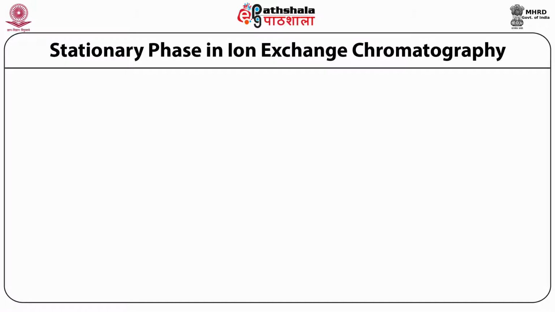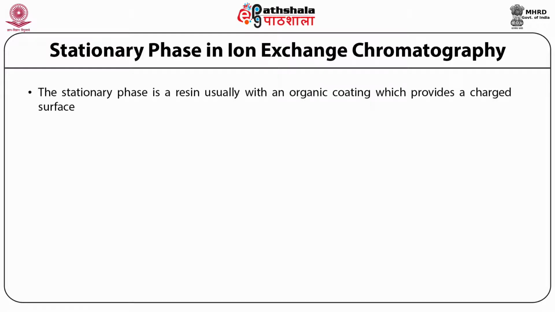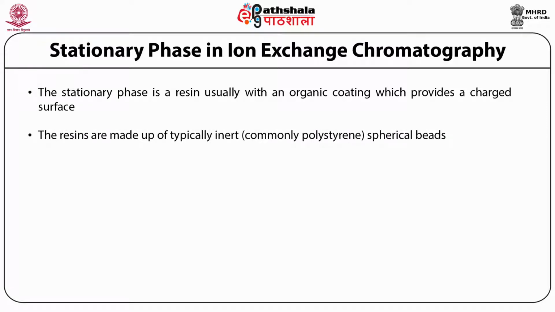In chromatography, as I have told you earlier, there are two phases. One is the stationary phase and the other is the mobile phase. In ion exchange chromatography, the stationary phase is usually a resin, which is usually an organic coating that provides a charged surface. The resins are typically made up of inert material. A commonly used material is polystyrene spherical beads.